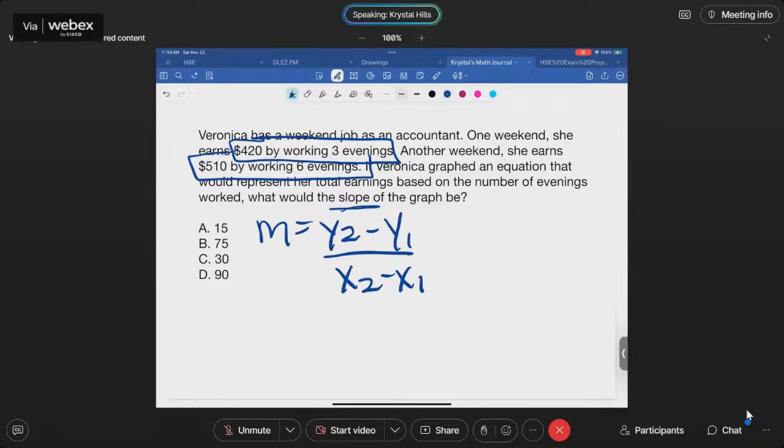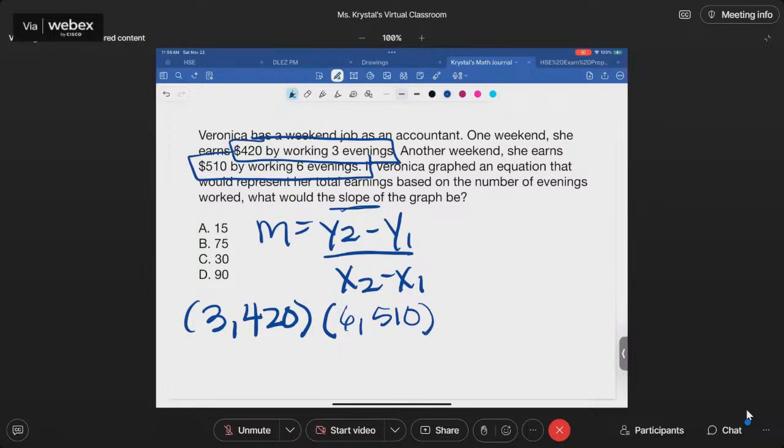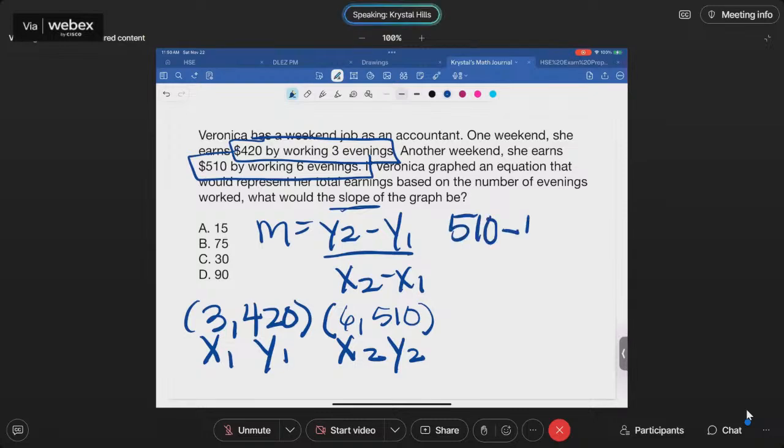So I have 3 and 420, and then I have 6 and 510. This is my X, this is my Y. That's my X, that's my Y. My Y2 is 510 minus my Y1 is 420. My X2 is 6 minus my X1 is 3.